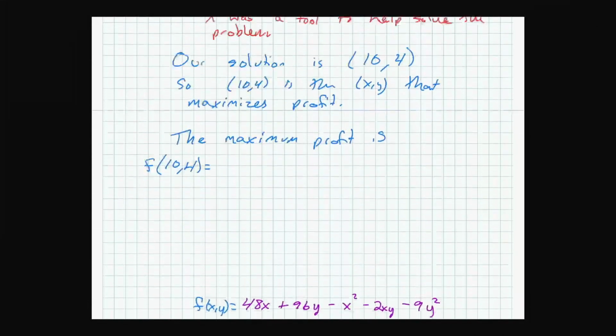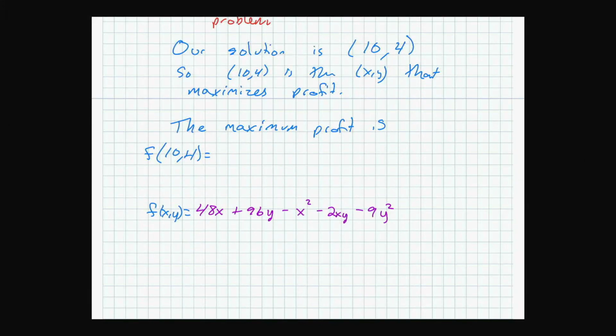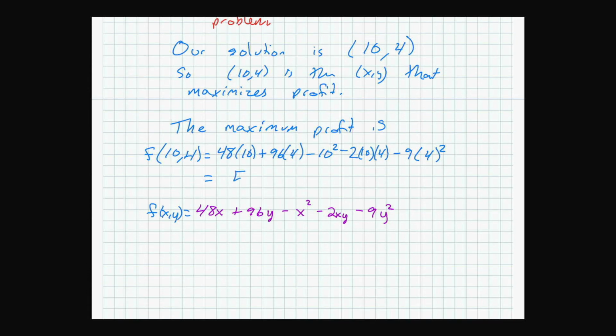So that's your f, and we just need to work it out. So it's going to be 48 times 10 plus 96 times 4 minus 10 squared minus 2 times 10 times 4 minus 9 times 4 squared. I'm not going to work it all out. It works out to 540.